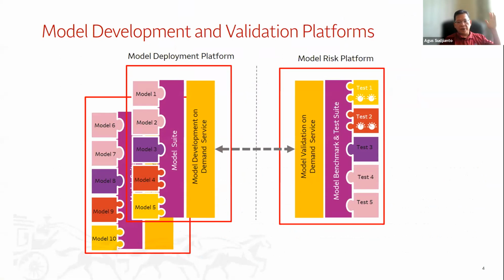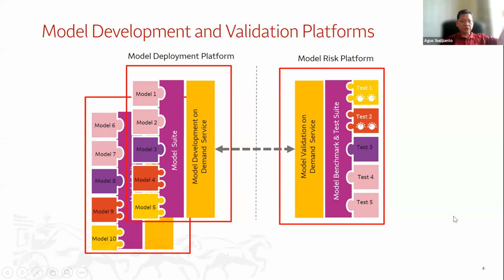So we have model development in a model development platform, and model deployment in a model deployment platform, and then the model risk platform is really model validation. And with that, I put it in the picture here.